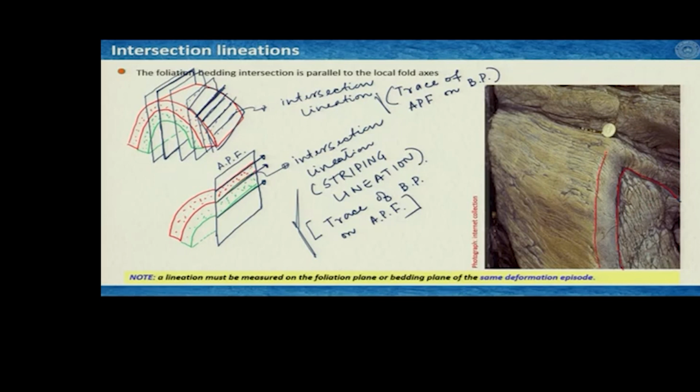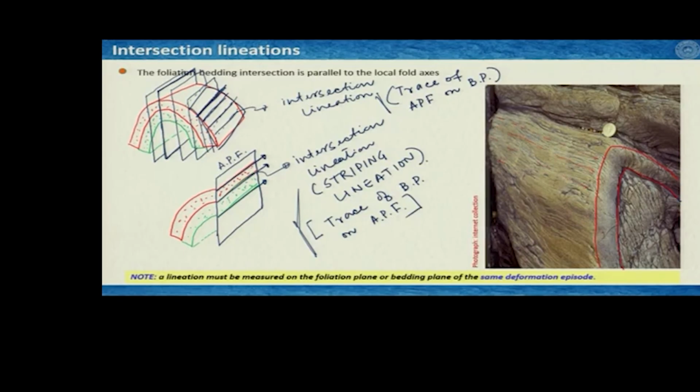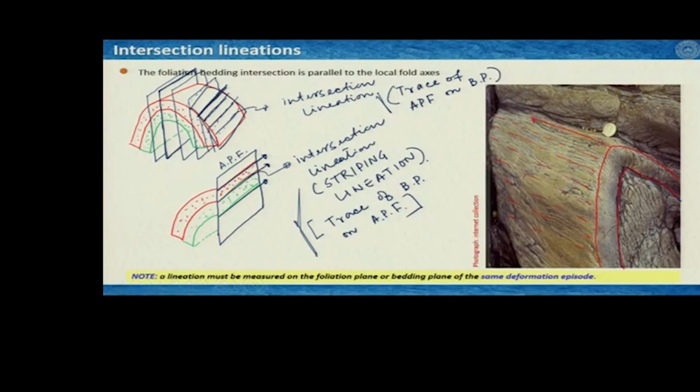Right. Now, on this bedding plane, these are your traces of this axial planar cleavage. And this gives the orientation of the fold axis. We will learn about it later.